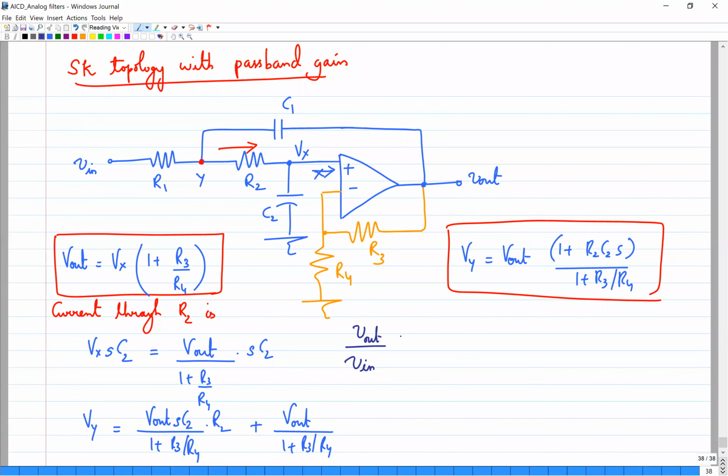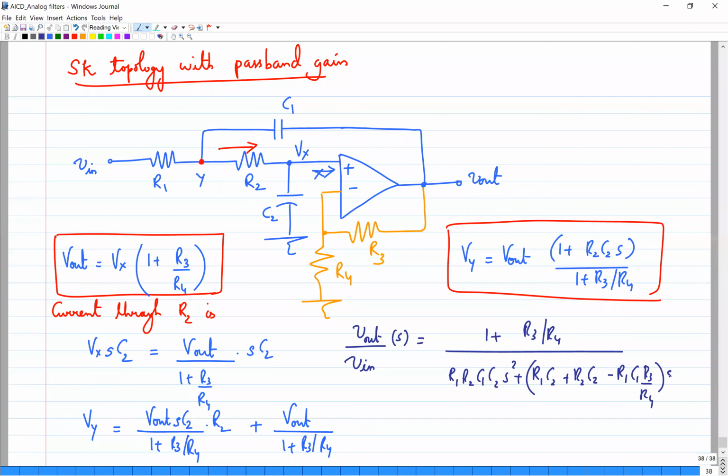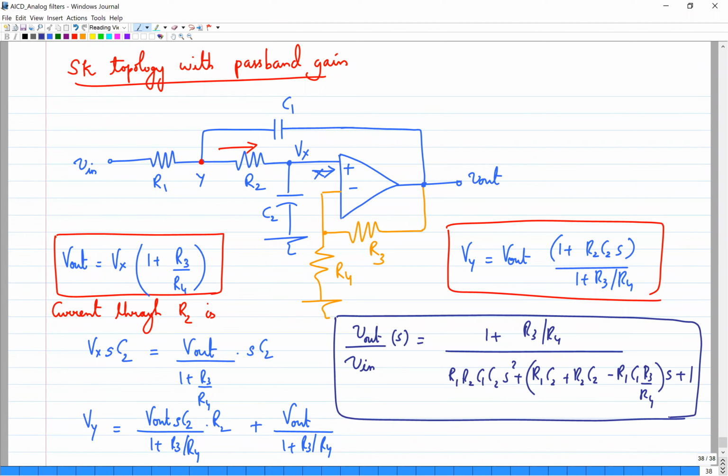Vout by Vin can be written as 1 plus R3 by R4, divided by R1 R2 C1 C2 S square plus R1 C2 plus R2 C2 minus R1 C1 R3 by R4, into S, plus 1. You will get this relation. Please try KCL at that node and arrive at this final expression.